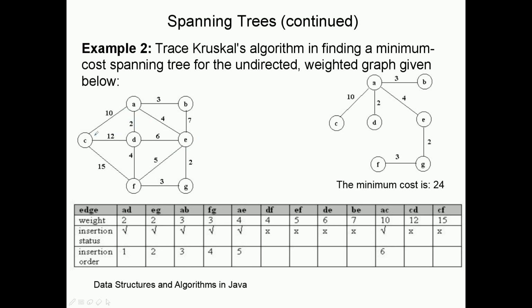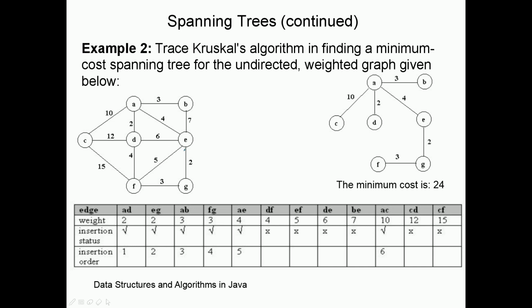We represent them from the smallest weight until the biggest one. And instead of calling an edge FC, we use alphabetical order, so we call it CF. If some have the same weight, then instead of calling it DA, we call it AD. We start with the smallest one first, then the next one.